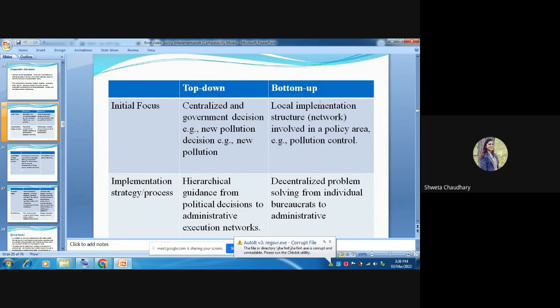While bottom-up is about how to control that pollution. Bottom-up means if there is any problem, how to control that problem. What are the measures that can be taken? Like there are now mobile ATMs to access money, or we have now the e-banking system. We saw the problem of this at the time of COVID.